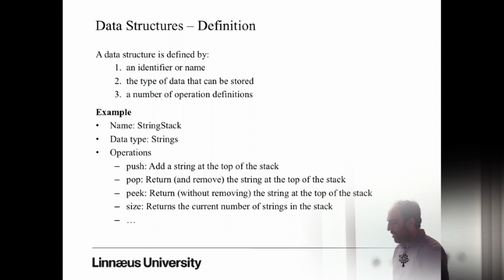When it comes to the definition of a data structure, there are a few basic things that you need to define if you want to create your own. Sometimes you have an application with requirements that cannot be fulfilled by any of the library or Java API provided data structures.